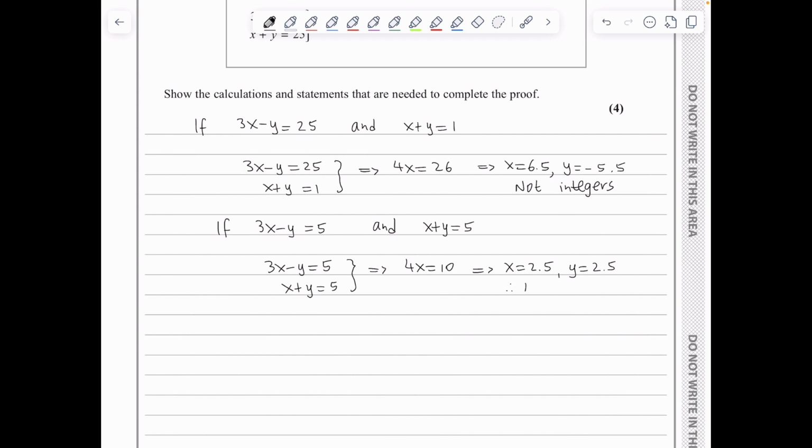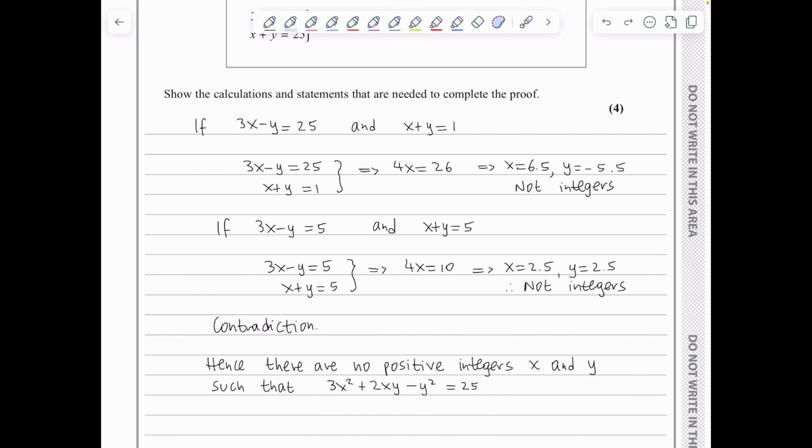So again, I don't have integers as my answers. I need to explicitly state this down. And therefore, we've got a contradiction because we wanted both x and y to be integers. This means we can conclude that there are no positive integers x and y such that 3x squared plus 2xy minus y squared is 25.